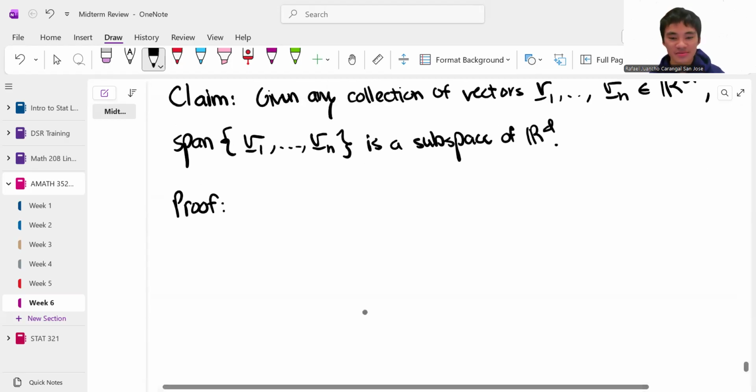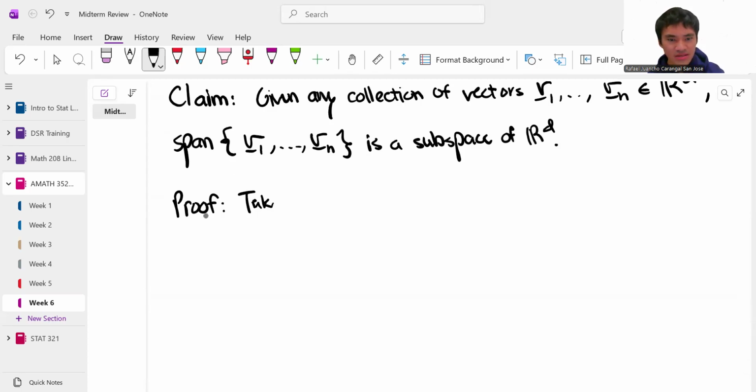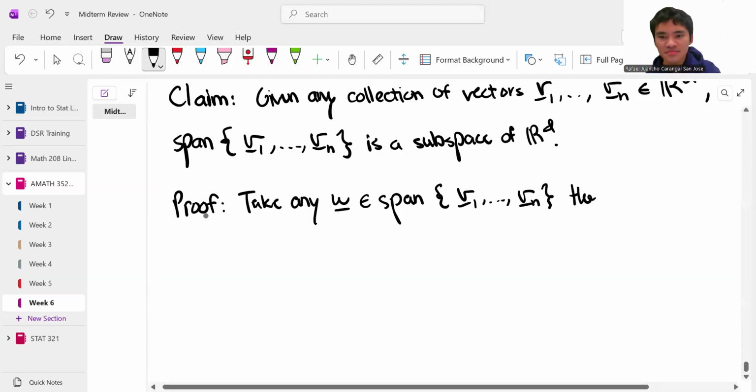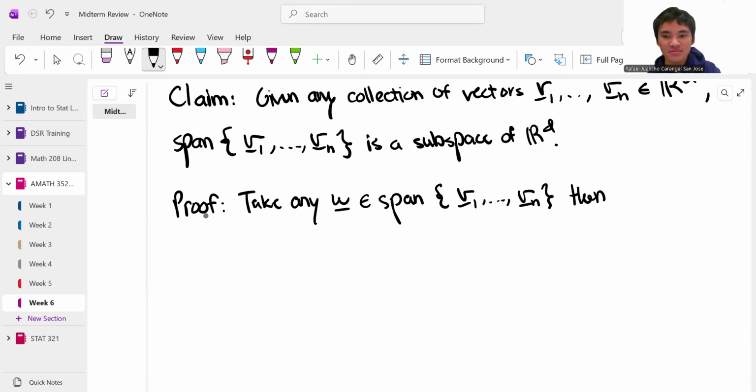So here's the proof, or here's why. Say we take any W and we say that W is part of the span of V sub 1 to V sub n. Then what does that mean? If it's part, then that means that W can be written as a linear combination.